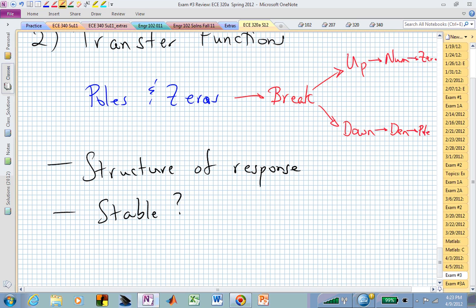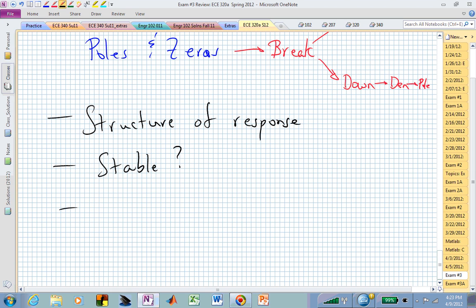And just looking at the pole zero, I could give you a pole zero diagram and say, answer the following questions. And here, in the black color, I have questions that you now should be able to answer. You should be able to find the sinusoidal steady state.